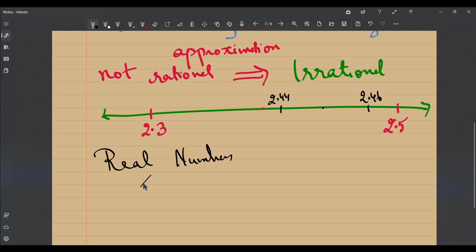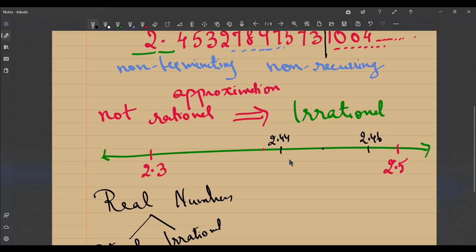Real numbers are both rational numbers, under which come your whole numbers, integers, natural numbers, everything, and irrational numbers, the standalone numbers. So I hope you have satisfied yourself with the existence of such non-terminating, non-recurring decimals.